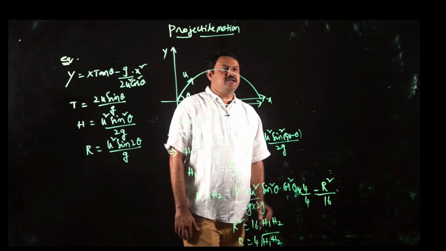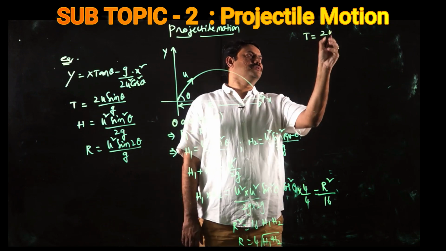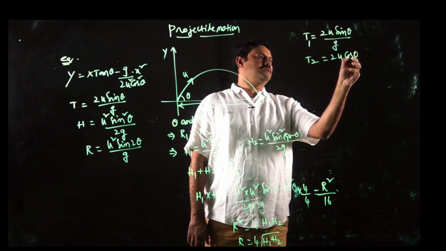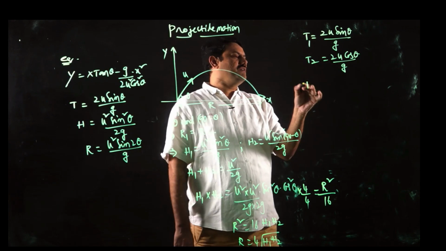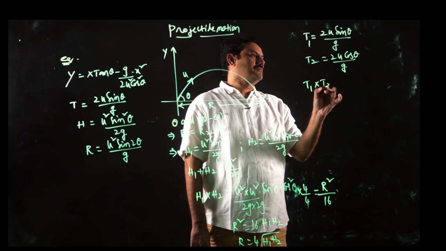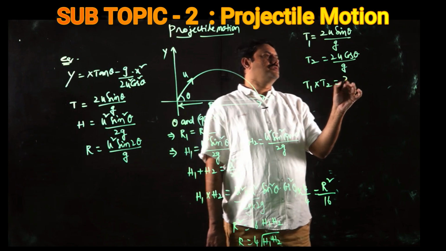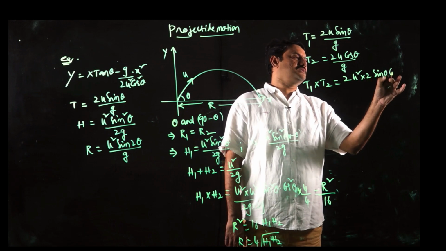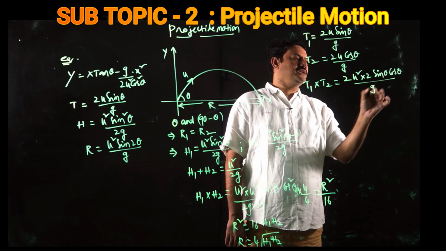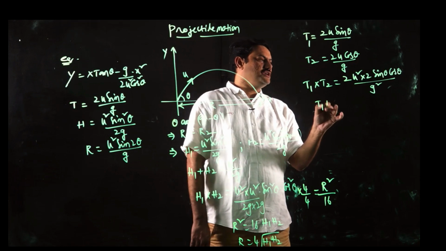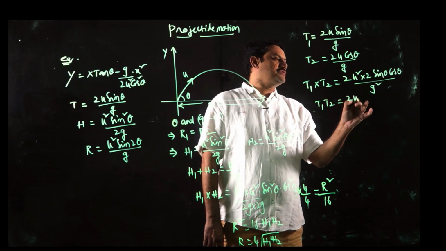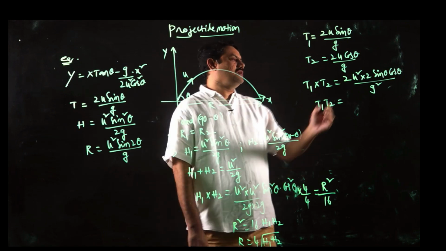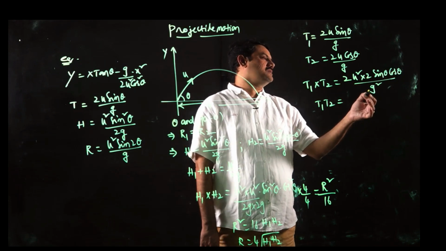And at the complementary angles, t1 is equal to 2u sin theta by g, t2 is equal to 2u sin 90 minus theta, that is cos theta, by g. So t1 into t2 is equal to 2 into u square into 2 sin theta cos theta by g square.